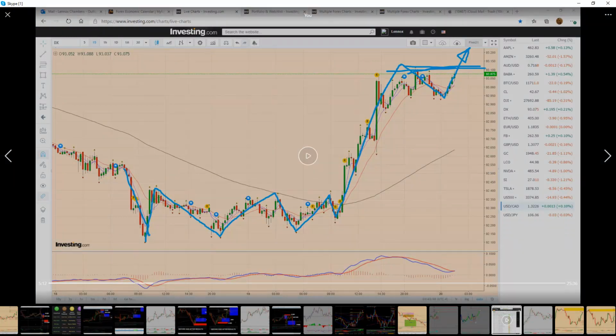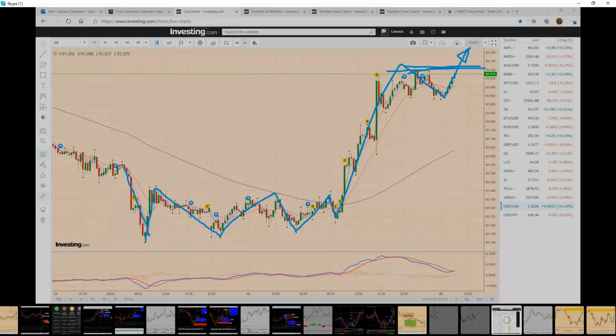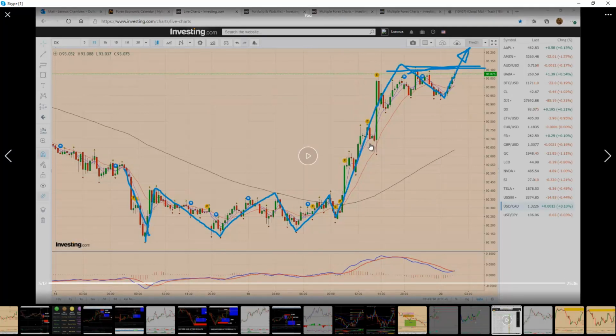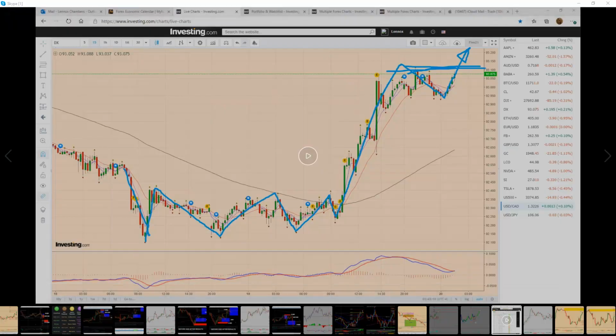Okay, so that was a replay of the little portion of the playbook on the US dollar futures index and what I saw was setting up. So let's see how it panned out here.